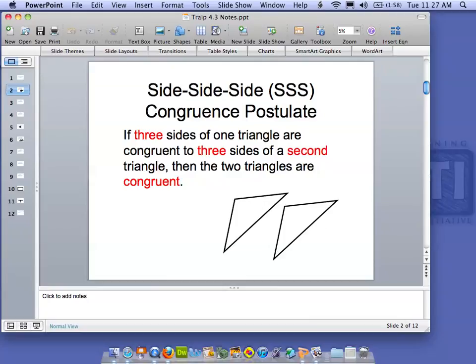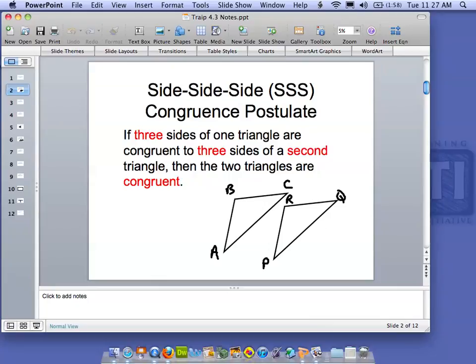Now, what I would like for you to do is come over to your triangles on the paper and give this one ABC, and give the other triangle PRQ.